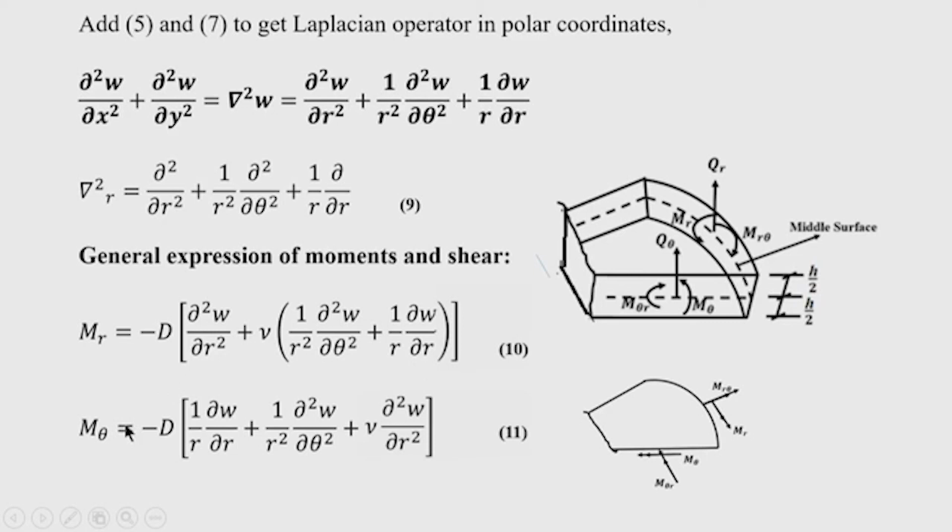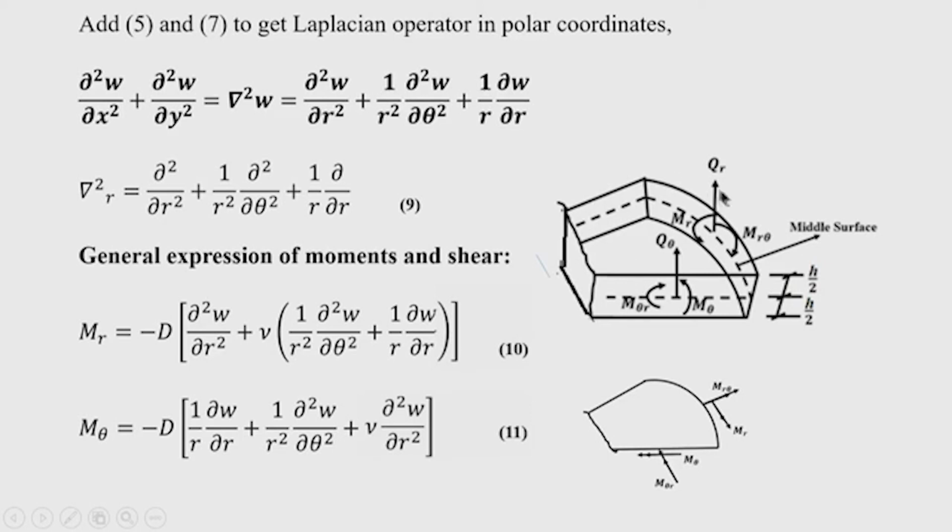Then M theta, the bending moment in the circumferential direction, while M r is the bending moment in the radial direction, is 1 upon r del w by del r plus 1 by r square del square w by del theta square plus mu into del square w by del r square. This can also be found because the bending moment expression contains second derivatives, which we have now converted into the polar coordinate system, giving the equivalent expression.